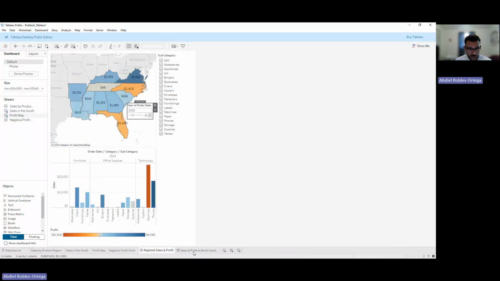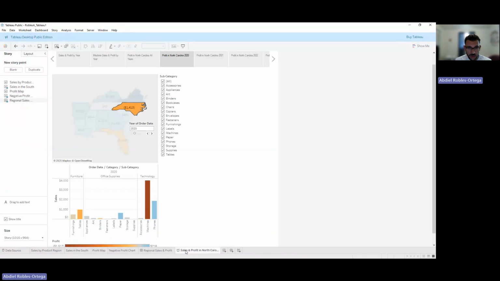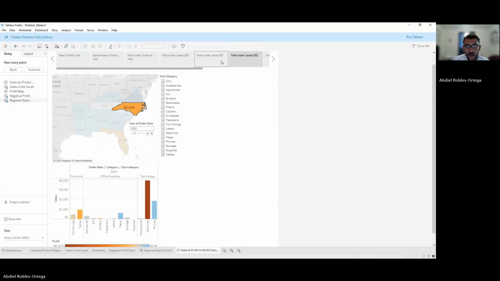And then moving on to sales and profit in North Carolina. These first four notches here, if we click on each one, we can see through the years the negative profits that North Carolina has seen.